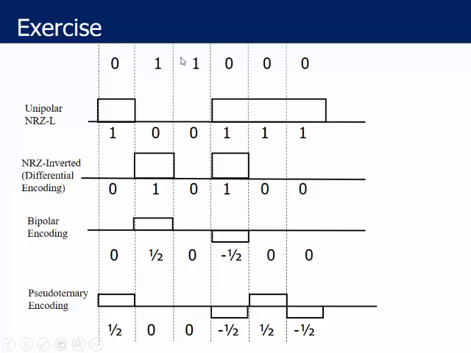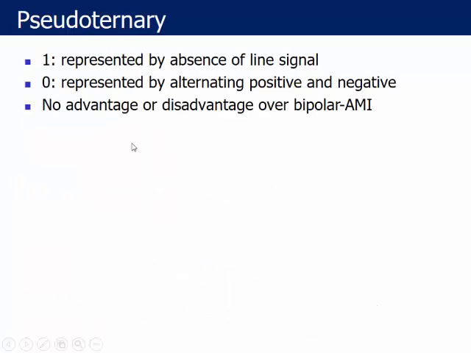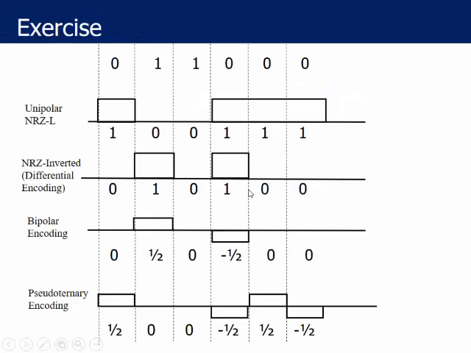If we have a 1 bit, then there is no value, right? We have two ones, there's no value. And for 0 values, it's alternating positive and negative, but it is a little extended from bipolar encoding.